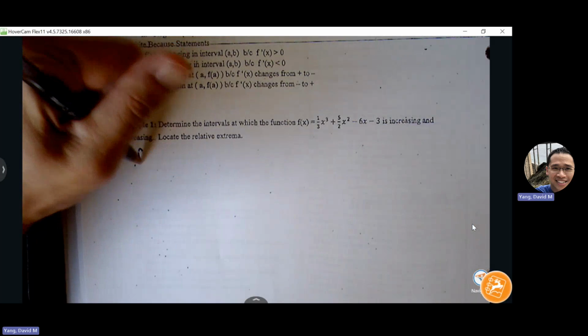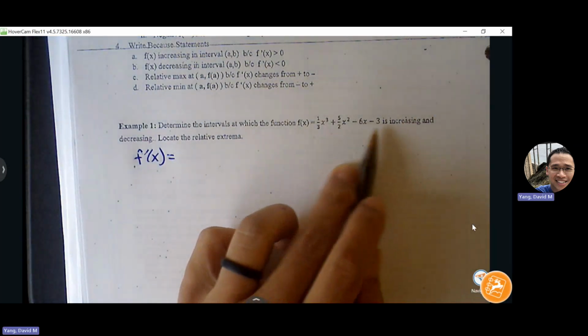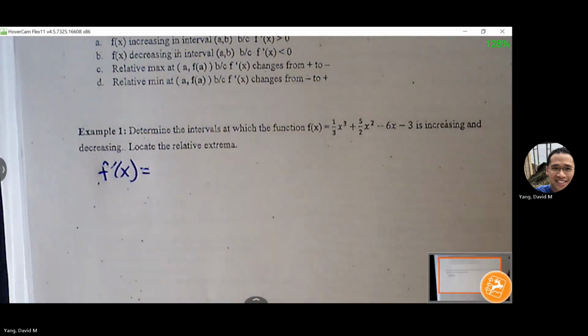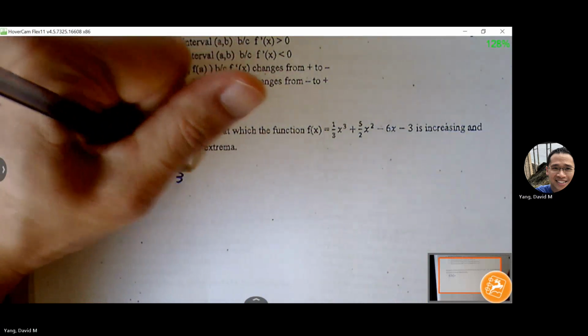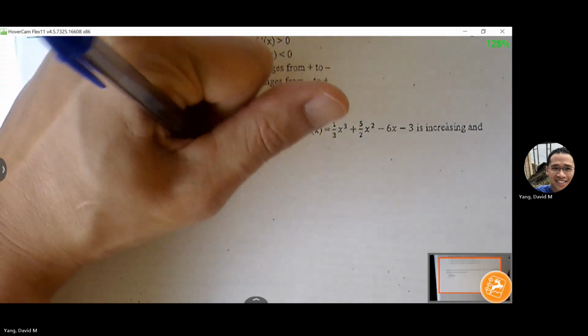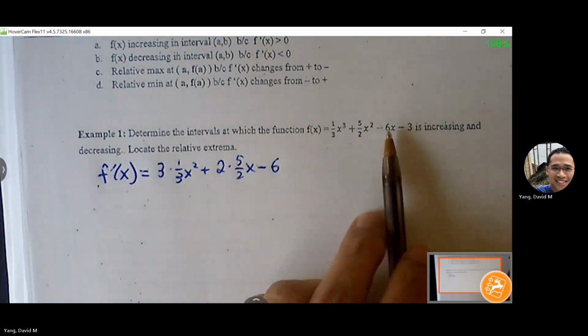So let's find f prime. A power rule can handle each of these terms. So we'll bring down the 3. Right?